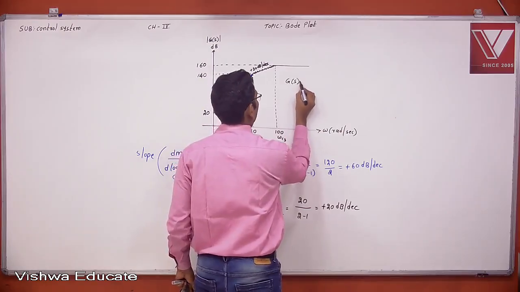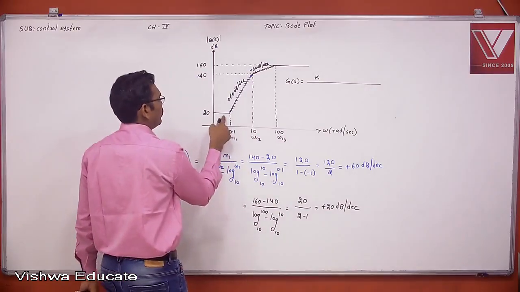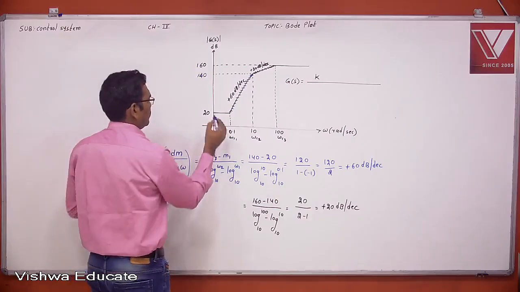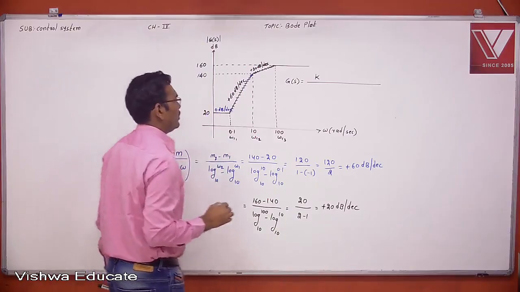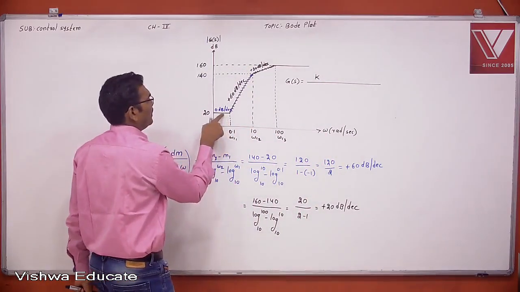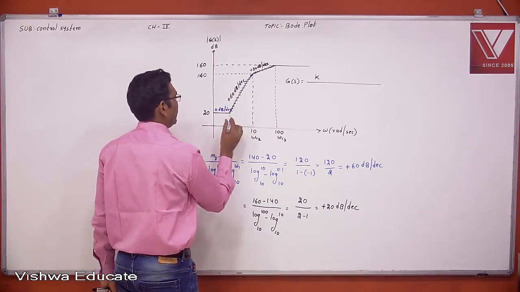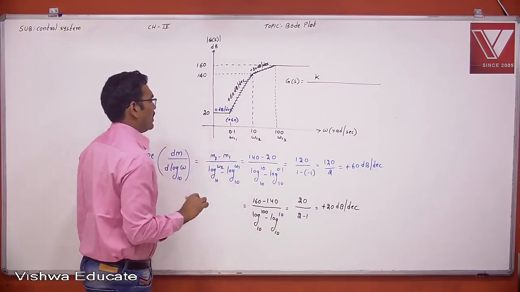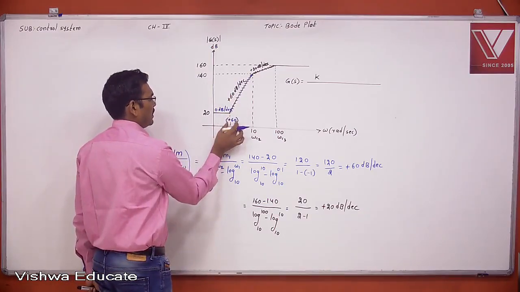G of s is equal to some system gain K, with no pole at origin and no zero at origin, because the starting slope is 0 dB per decade. This 0 dB per decade becomes plus 60, which means plus 60 is added.